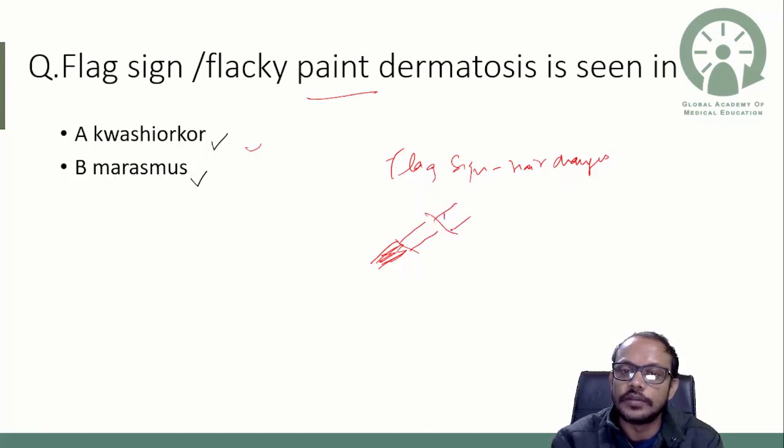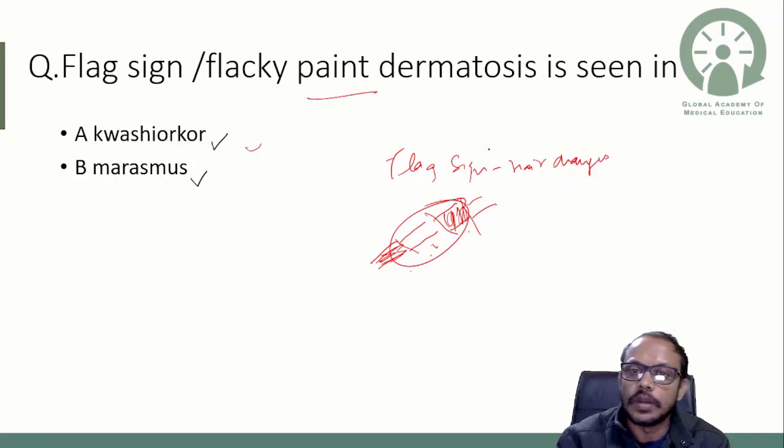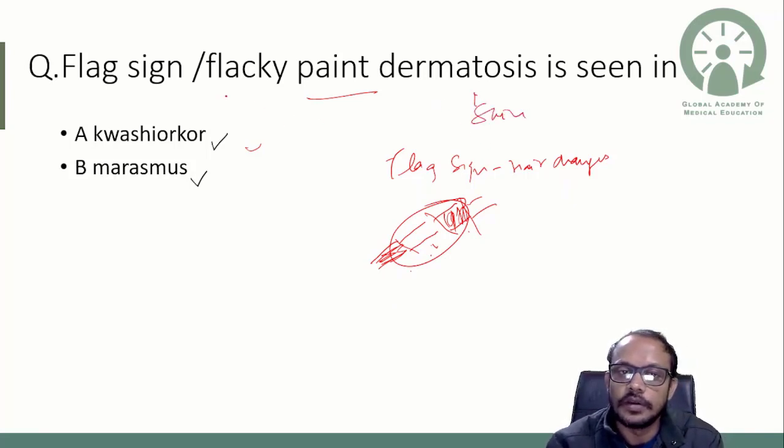So there is alternately a period of nutrition and undernutrition, so there is grey hair and black hair in patches. This is called flag sign. And flaky paint dermatosis is in the skin. It is not in the hair.